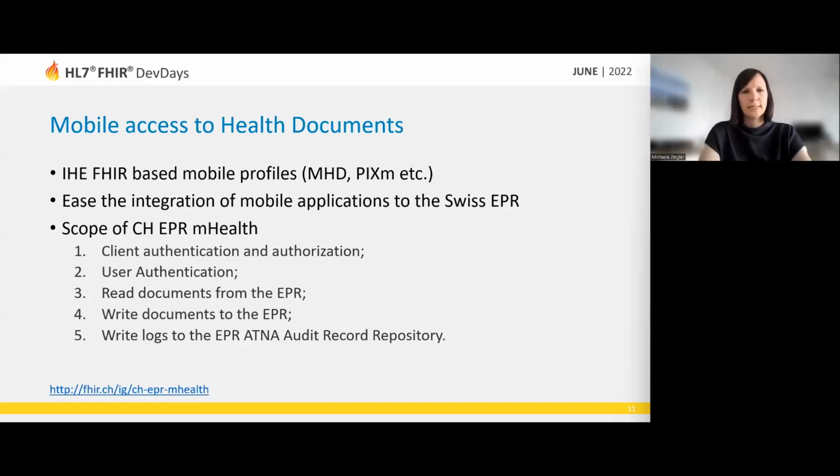The scope of this extension covers the following use cases: client authentication and authorization, user authentication, read and write documents from and to the EPR, and write logs to the audit record repository.